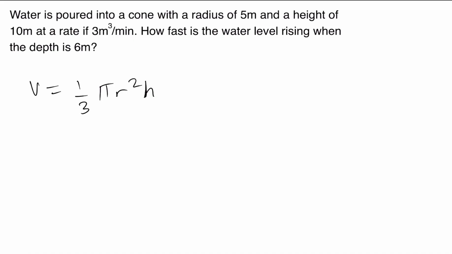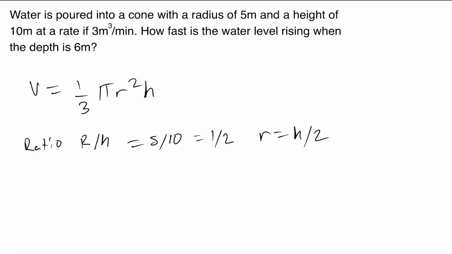And then we need to use a ratio. So our ratio for r to h is going to be equal to 5 to 10, which you can also write as 1 over 2, or you can write it as h over 2. So essentially the radius is equal to h over 2.